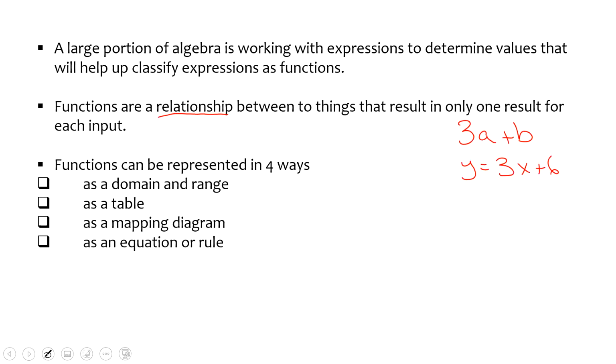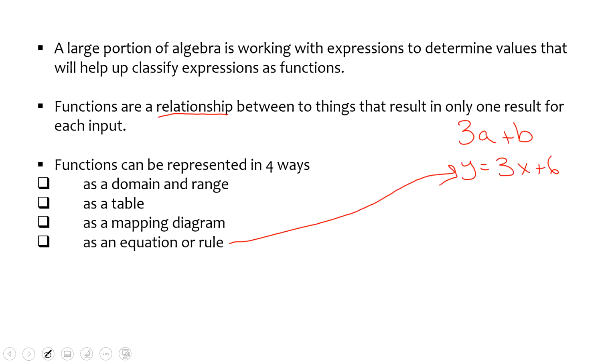We're going to find that anything of the form y equals something, more often than not, is going to be a function. There'll be some things we'll show you that aren't functions, but this one is. And that is one of the four ways we can represent functions. We get the rule, which is this. We can also do a mapping diagram and a table, which you'll see at the end of this lesson.